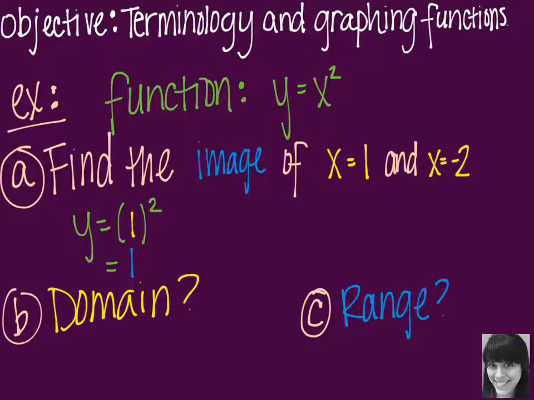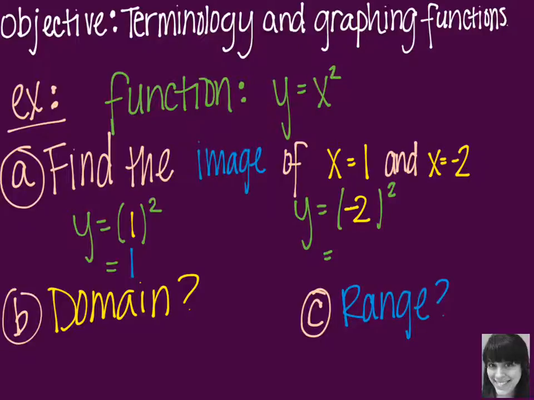Same thing with x equals negative 2. So we have y equals negative 2 squared, and that gives us an image of 4. Don't forget to include the negative inside the parentheses.